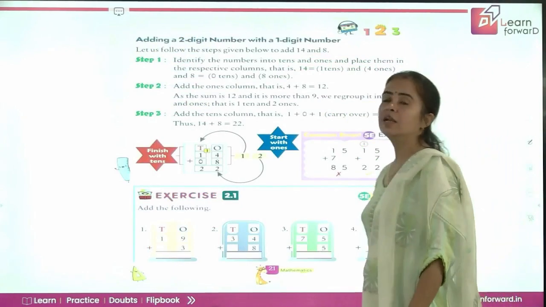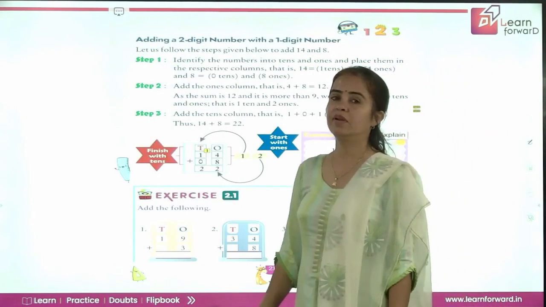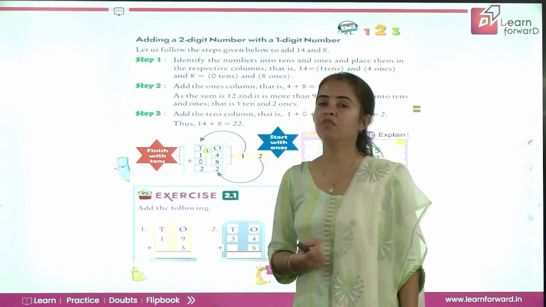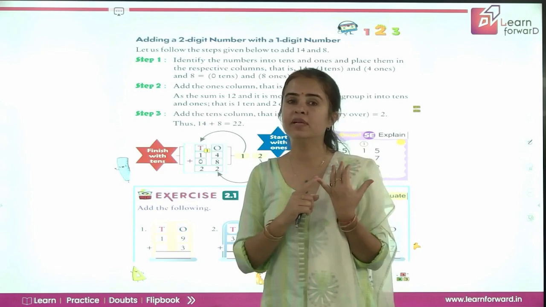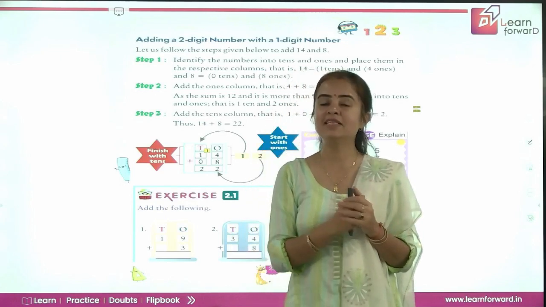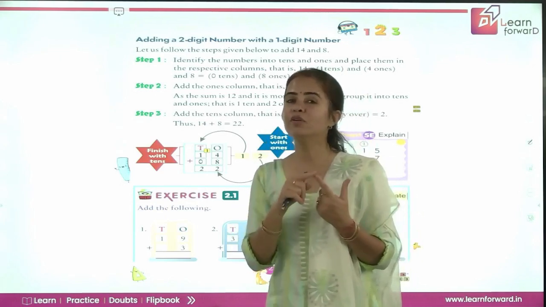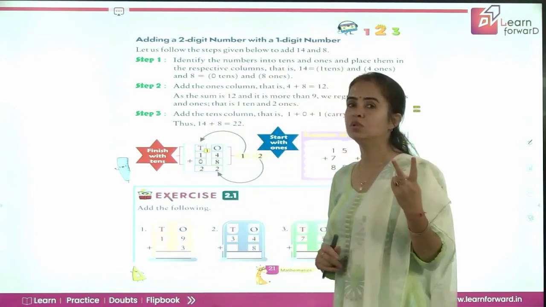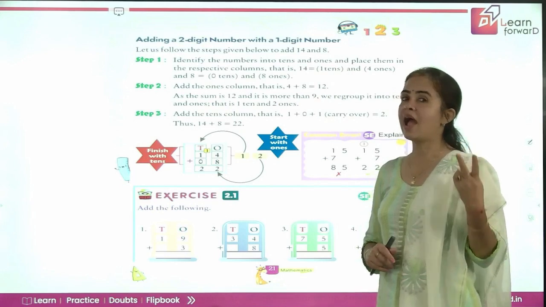Adding a two-digit number with a one-digit number. We have learned about adding the numbers, and we should be very careful that the first thing we have to do is write the places. Second thing is you have to write the digits under the proper places. So remember these two things whenever you are adding numbers.